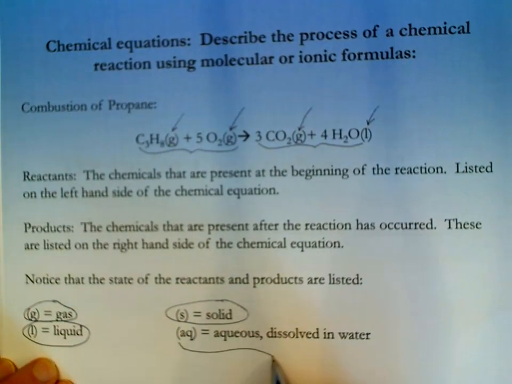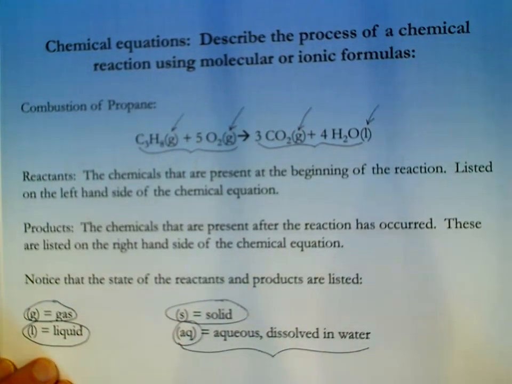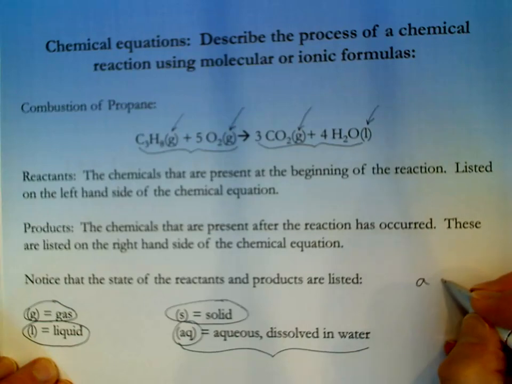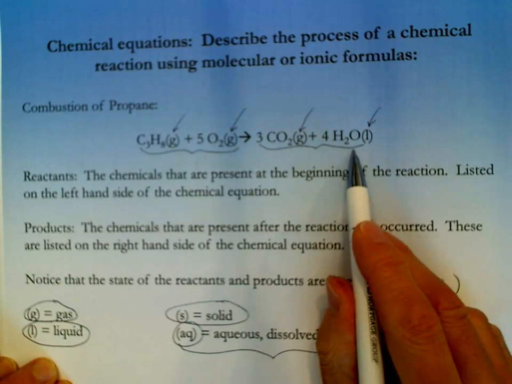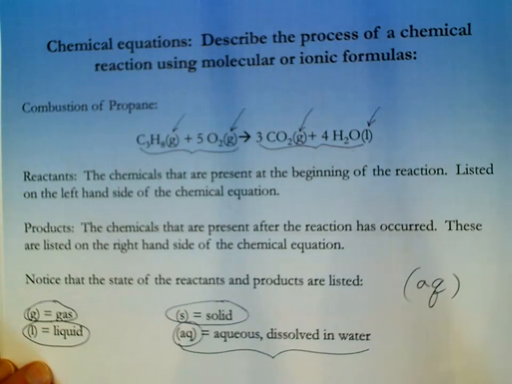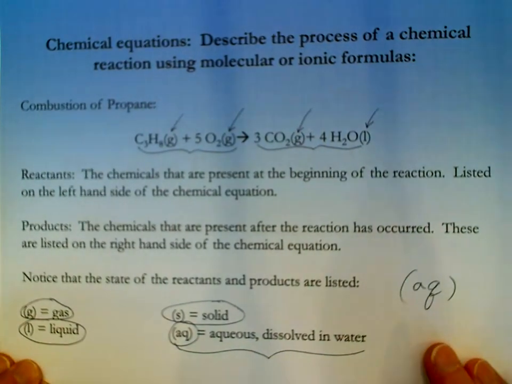You may not be familiar with this particular symbol. If we stick aq in parentheses after the compound or element of interest, that tells us the compound or element has been dissolved in water. This is short for aqueous, and that means the substance has been dissolved in water.